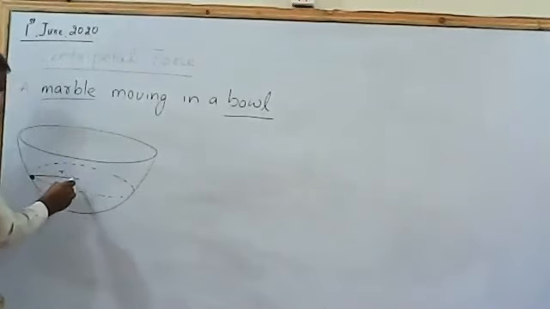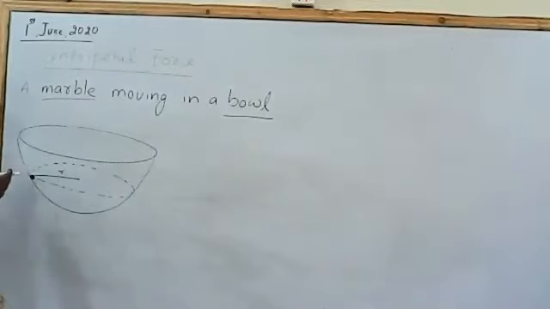Let's say this radius is r. In this case, the force which is keeping it here is the normal force which is acting in this direction naturally, and this is labeled as, let's say, force F.